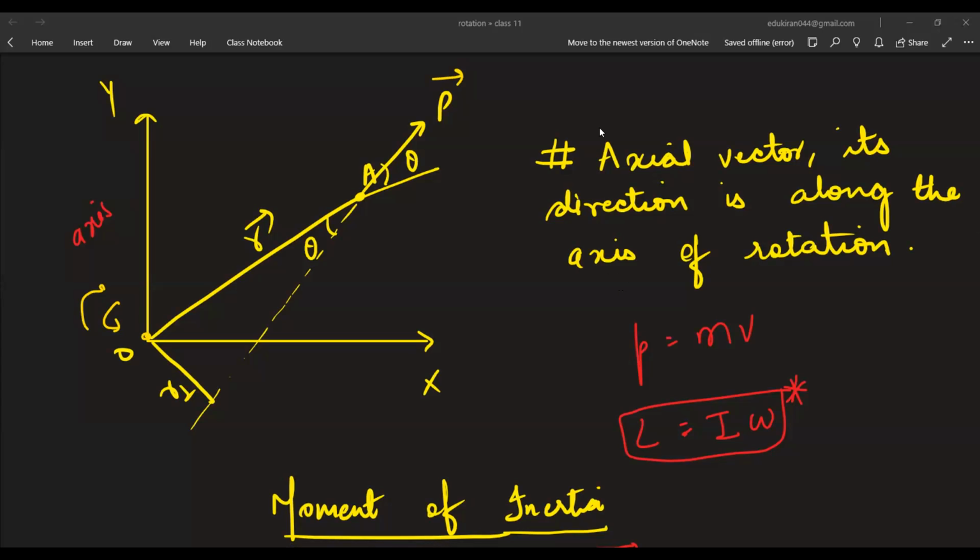Okay, so you all were answering. Zainab, Abir, Jesleen, Shaima have answered correctly. M R square. Mass into square of the radius. Correct. Abir, you tell me one thing, that moment of inertia is the rotational analog of which quantity?